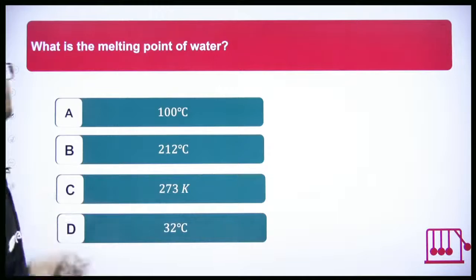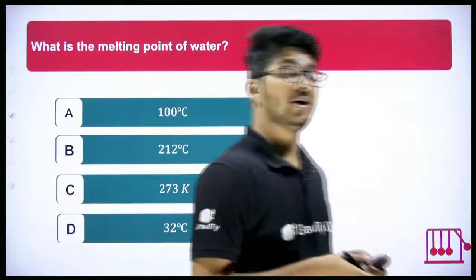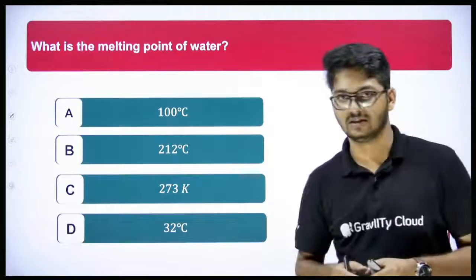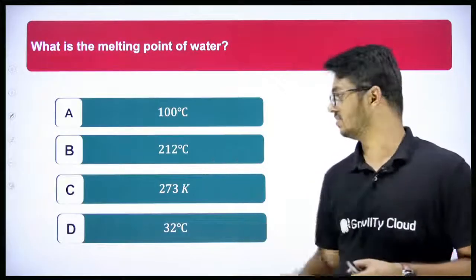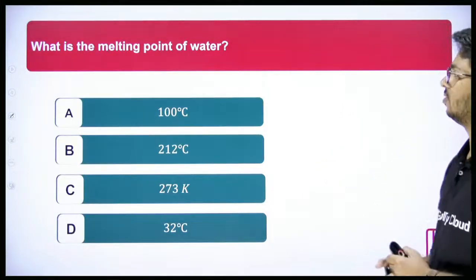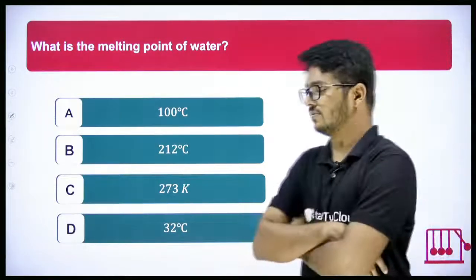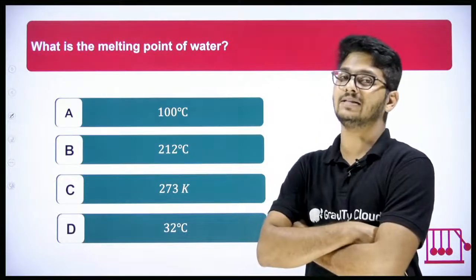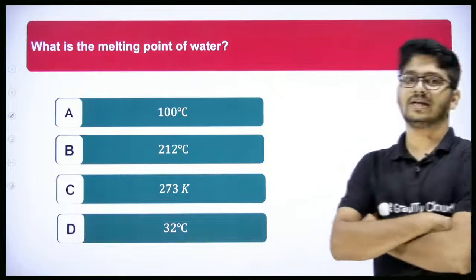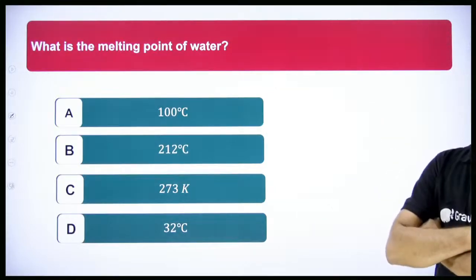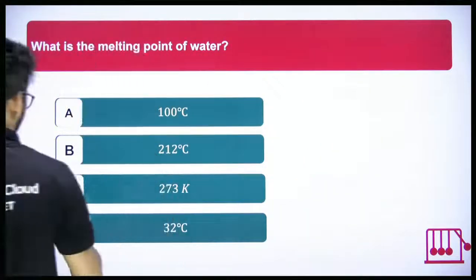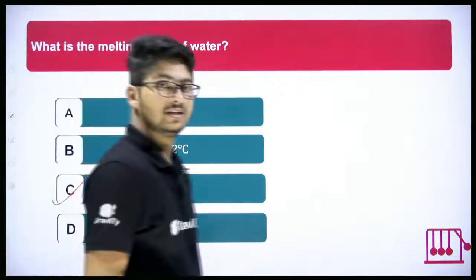Good. Next. What is the melting point of water? Again options: 100 degrees Celsius, 212 degrees Celsius, 273 Kelvin, 32 degrees Celsius. And the answer is option C, 273 Kelvin.